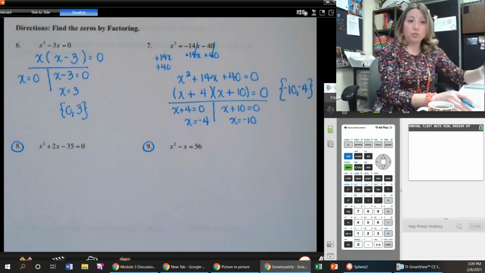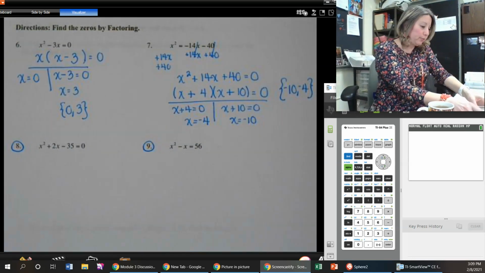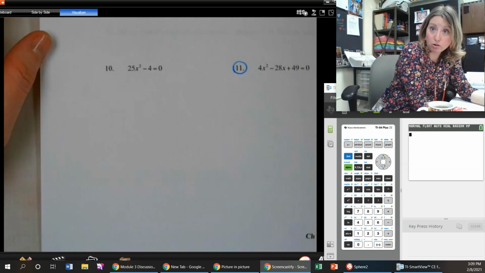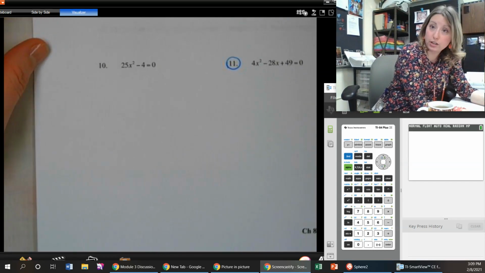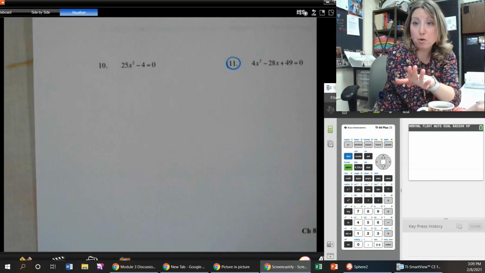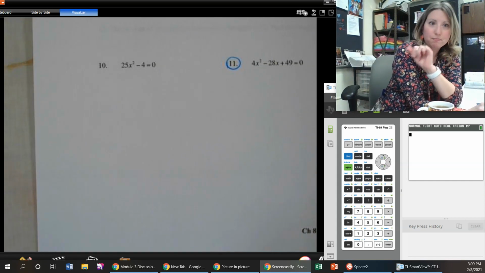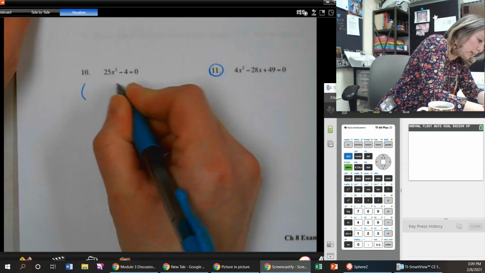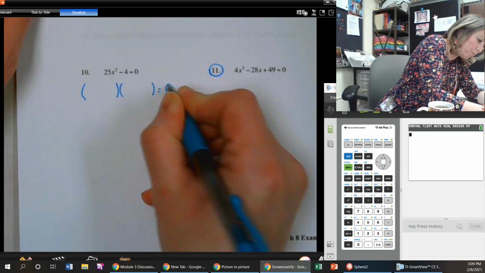All right, last one I'll do with you, and then you'll try the others. Number 10. I notice again I have a binomial, which tells me I'm either GCF or dots. I immediately check for perfect square minus perfect square, and this time I got it. So the factors of this will be 2 empty sets of binomials equal 0.